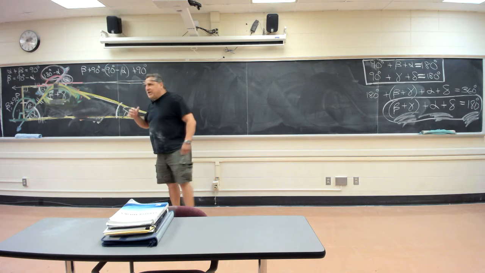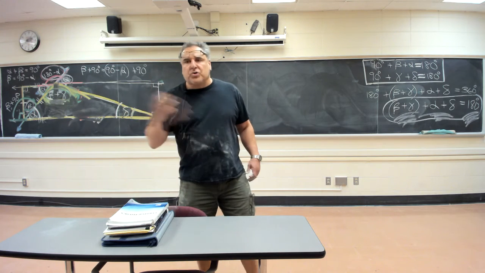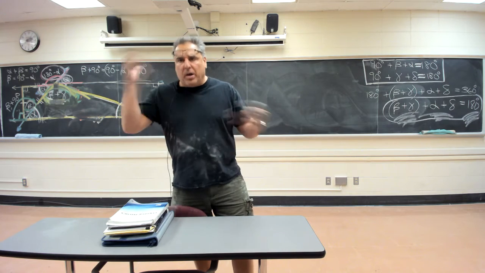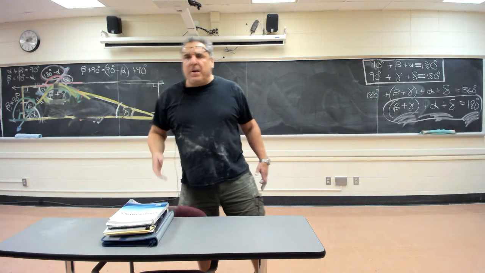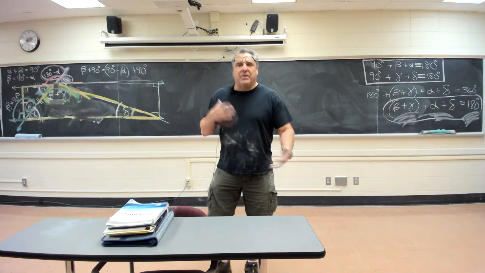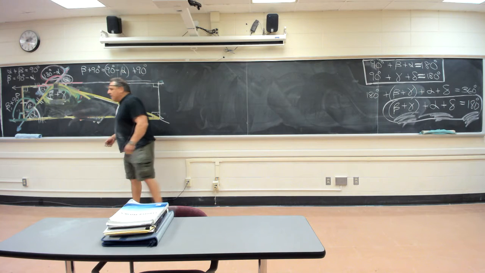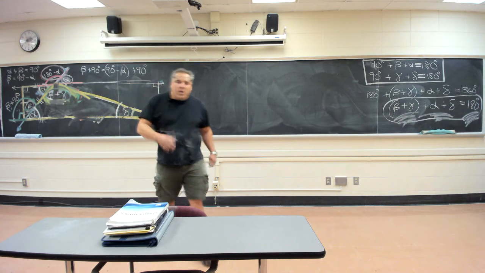Every triangle, right triangle and non-right triangle, all other kinds of triangles, can be broken up into two right triangles. And then those two right triangles can be pasted together, and we can analyze various things regarding what we're doing.